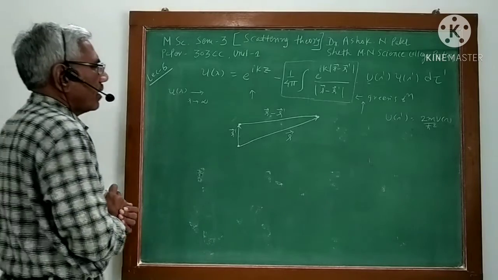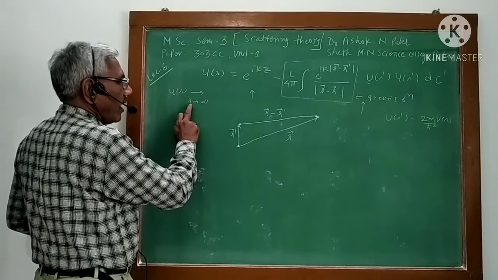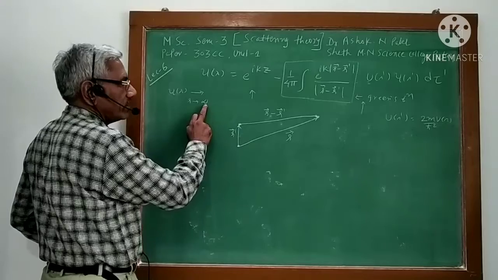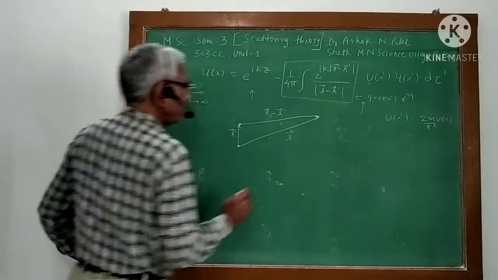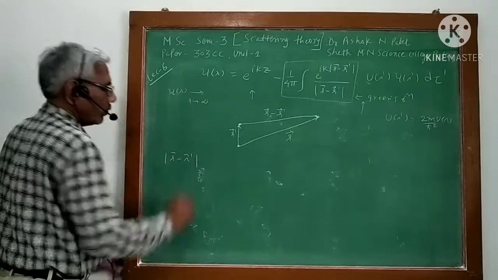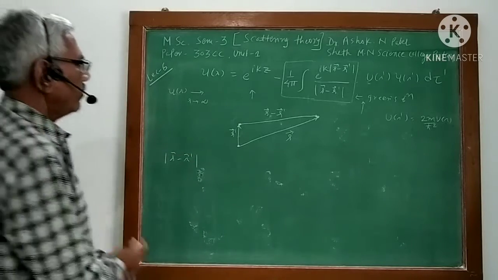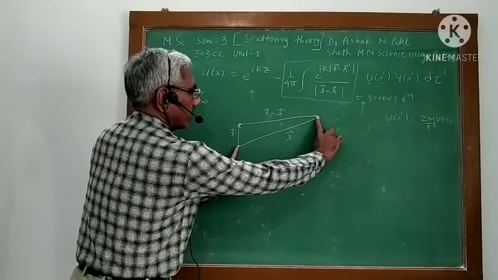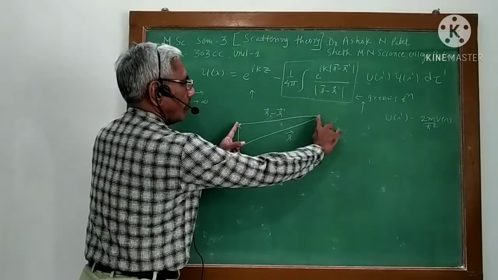So in case of r very large, what will be the approximate value for this |r minus r dash|? Because now my distance is not r, but it is this much. So what is the exact value?